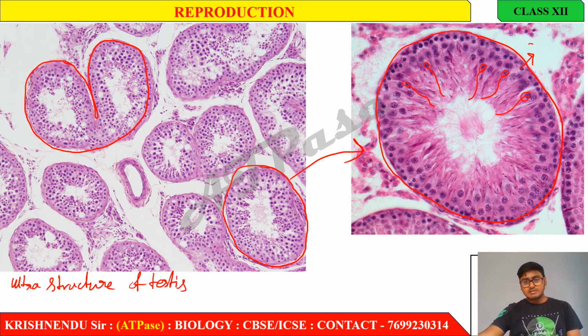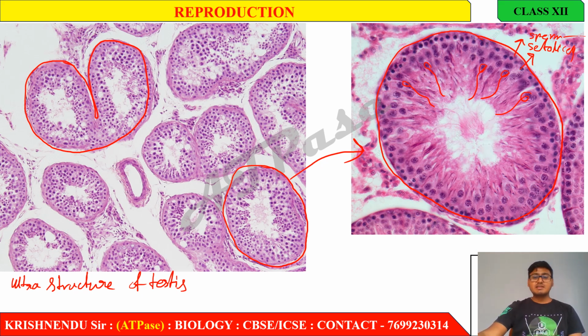Sertoli cells mainly. These are known as Sertoli cells, and these cells are known as spermatogonia cells. I already told you about the spermatogonia cells. These are the spermatogonia cells, these are the Sertoli cells, and these are mature sperm cells which are present inside the seminiferous tubules.